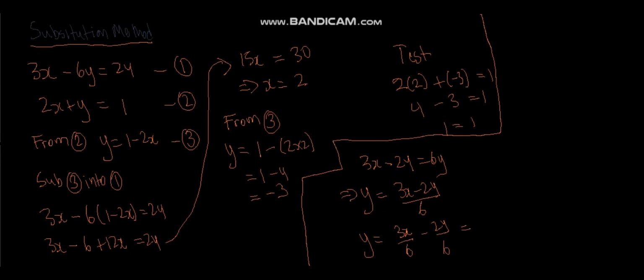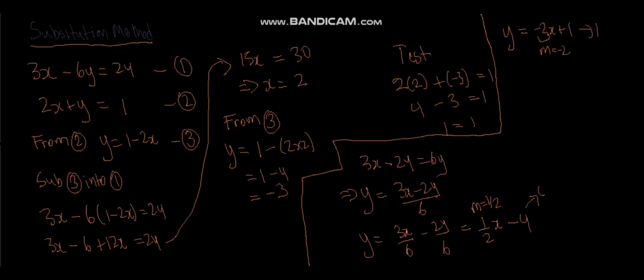And this simplifies to 1/2 x, 6 into 24, 4 sixes, minus 4. So we can see this is actually the equation of a line with gradient m is 1/2 and y-intercept c is minus 4. And similarly, with equation 2, we will have y is equal to minus 2x plus 1. Gradient m is equal to minus 2, y-intercept is 1.